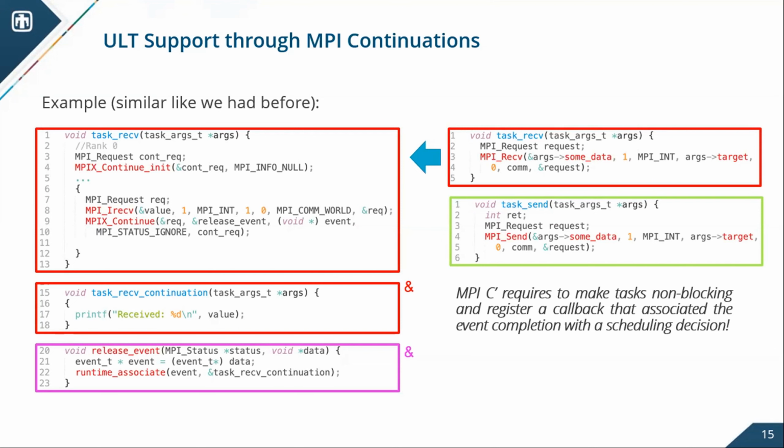So you see the callback that will be called once MPI_Irecv completes. So the data is there. I will call a callback called the release event, and there I, independently of your tasking implementation, will say, okay, now my task receive continuation task can be scheduled for execution. And that continuation task has, for example, a printf where we print to the screen the data that we have received.